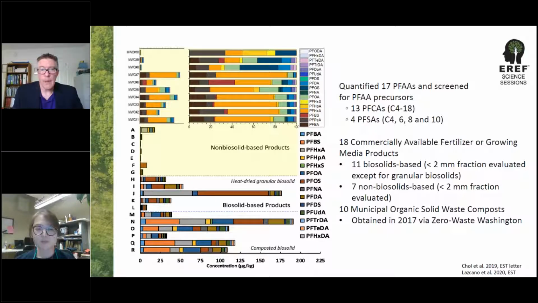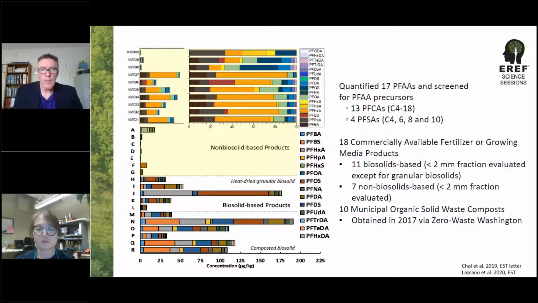And a biosolid base would be a compost that has some type of biosolids from a wastewater treatment included. Is that correct? Yeah, that's correct. Okay, and then the profiles are definitely different, but still in either case there are PFAS compounds showing up.